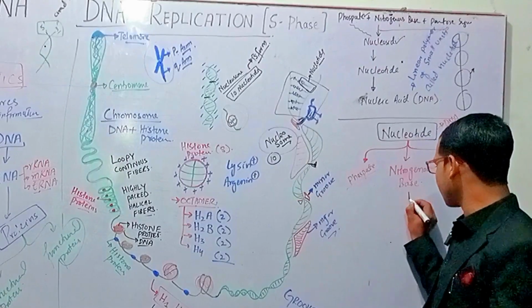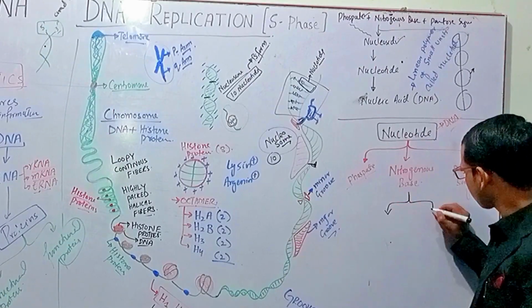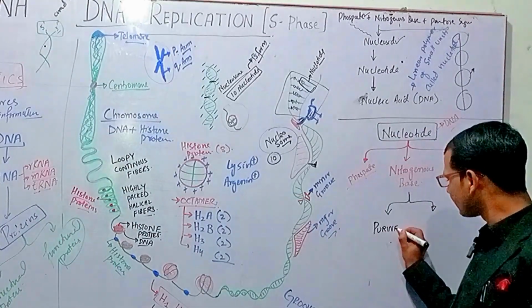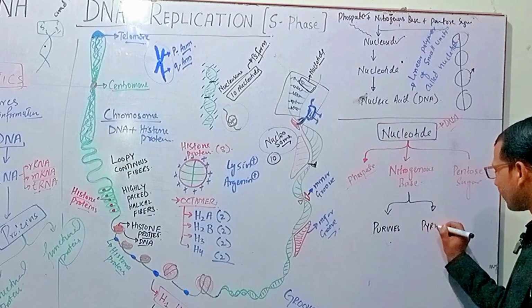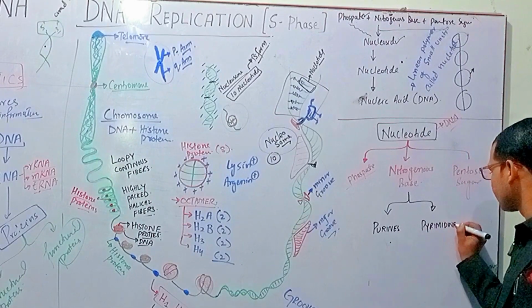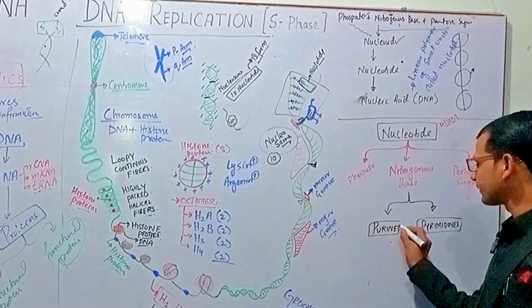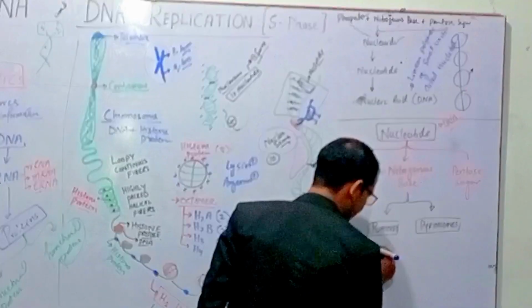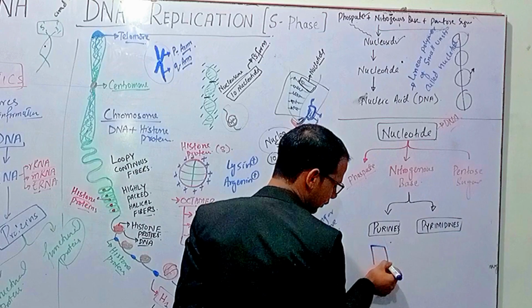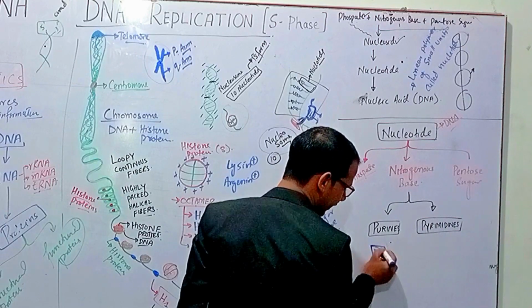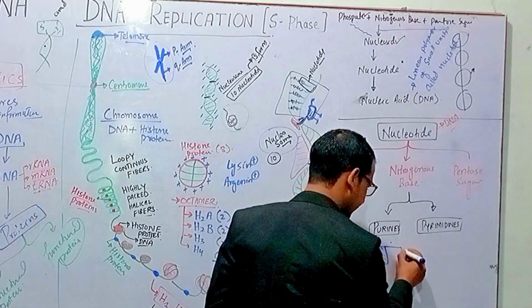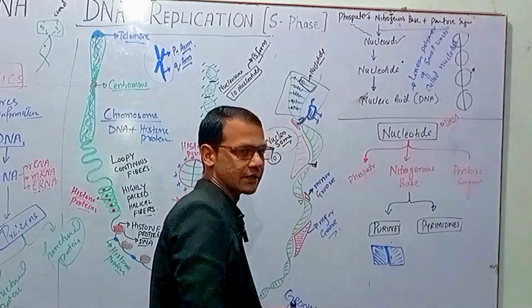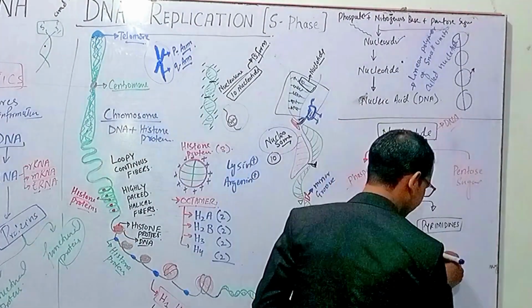So on the basis of these rings we divide this nitrogenous base into purines and pyrimidines. Purines always have two rings. Generally we can say that this is one ring, and this is the other ring, having 2 rings, right? And pyrimidine has 1 ring.